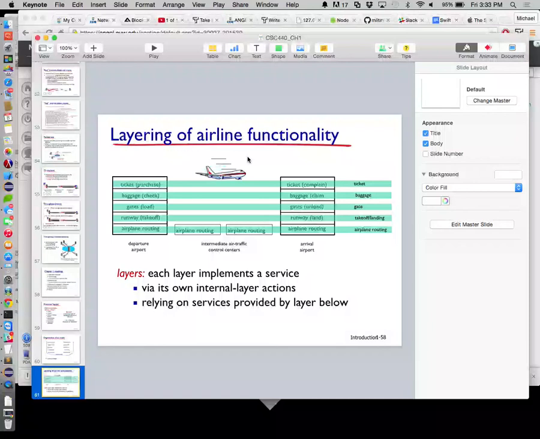You should certainly know everything about airlines. Ticketing, baggage, gates.